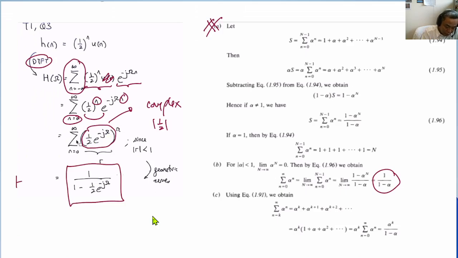So H of omega is a function of omega, which we can do from 0 to 2 pi for a single-sided spectrum, or from minus pi to pi for a double-sided spectrum. It's totally up to you. In our example, we are going to plot minus pi to pi because it looks nicer.